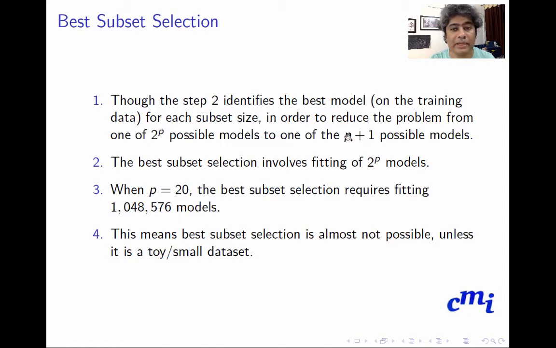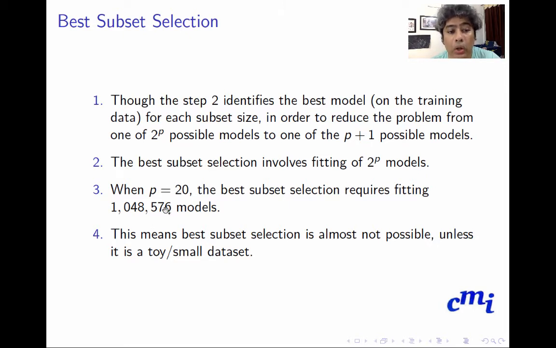The best subset selection involves fitting 2 to the power p models, and that is a severe problem, because if you have say p equal to 20, that means you have only 20 features in your data set, which is a very moderate size today, probably even considered a small data problem. The best subset selection algorithm requires fitting 1,048,576 separate models.